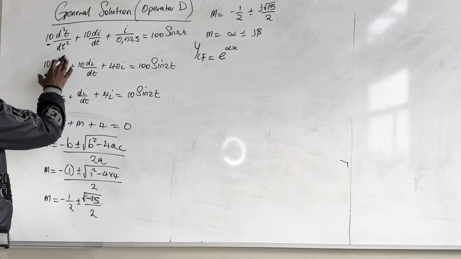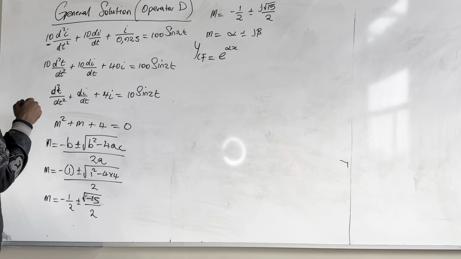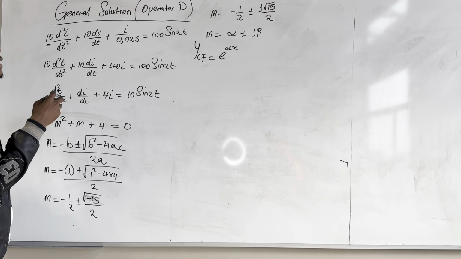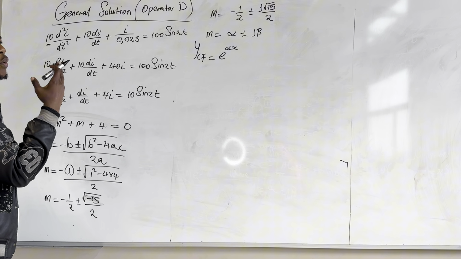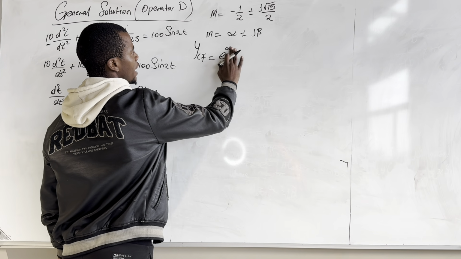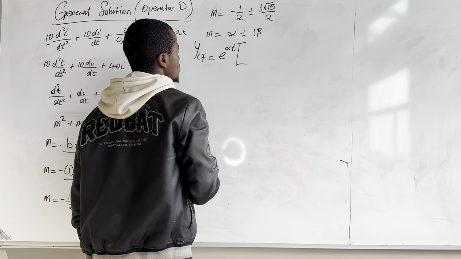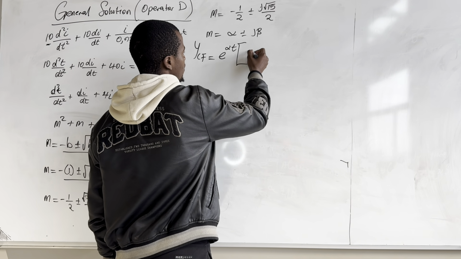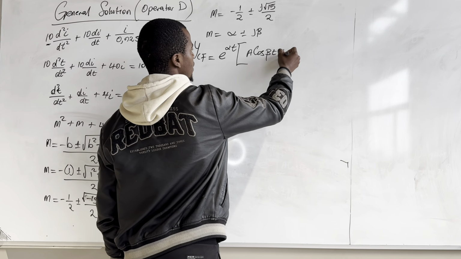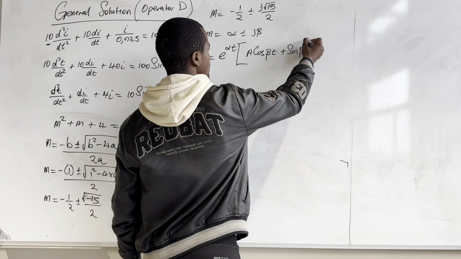We are given di over dt, which is the same as dy over dx, so here we write t instead of x. Then we open brackets and have A cos beta t plus B sin beta t.